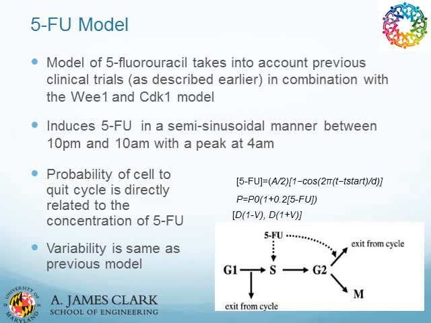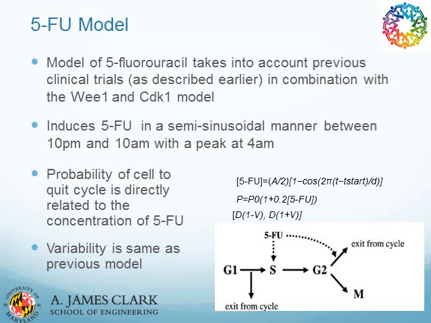So our model in our paper is a 5FU model. Right off the bat, you might be wondering why we went into such detail about the Wee1 and CDK model previously. The reason is that the authors of our paper simply added 5FU to make sure that this 4 a.m. time is best based on the Wee1 and CDK model.